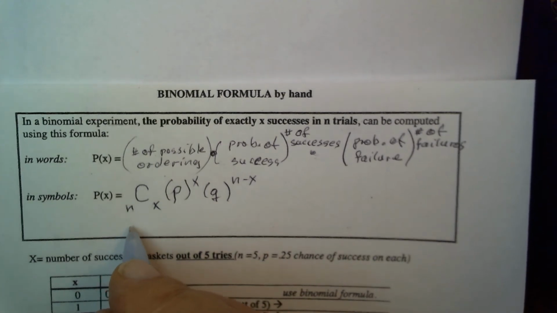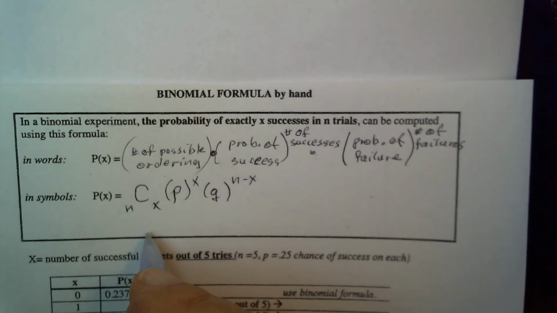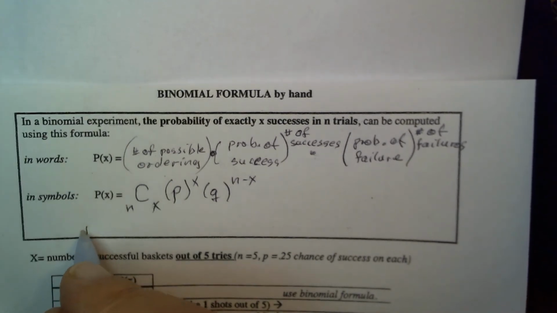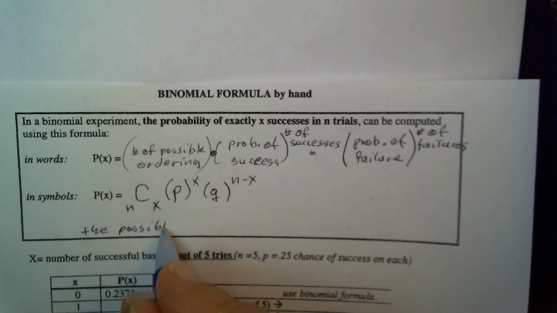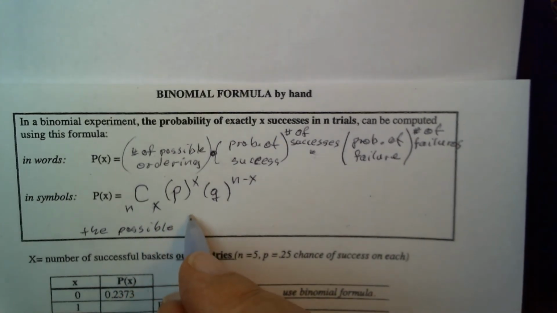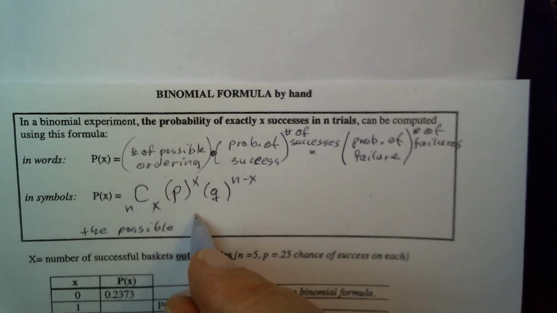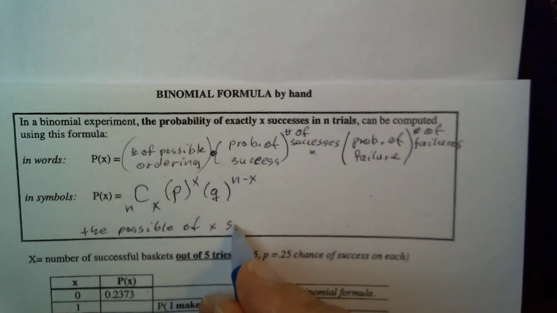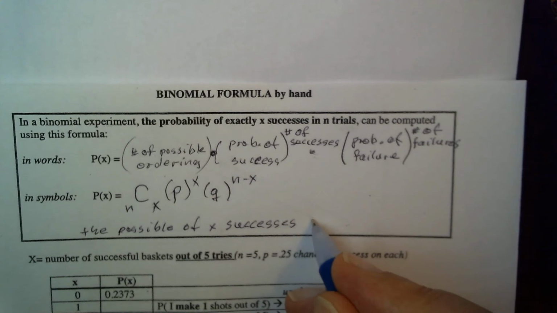So this symbol here stands for the possible combinations of x successes in n trials.